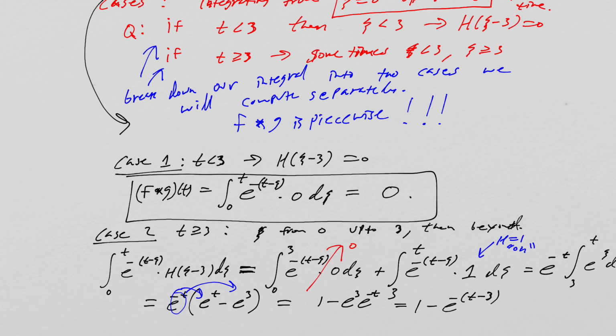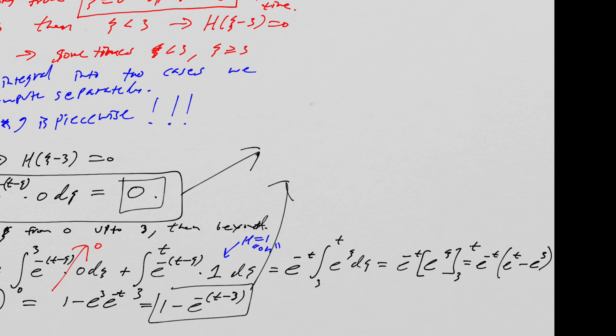Okay, so to put this all together then, if I take this result here and that result there, I'm going to find a little spot on my board to put my final answer. My f convolved with g in this case is going to be a piecewise function.